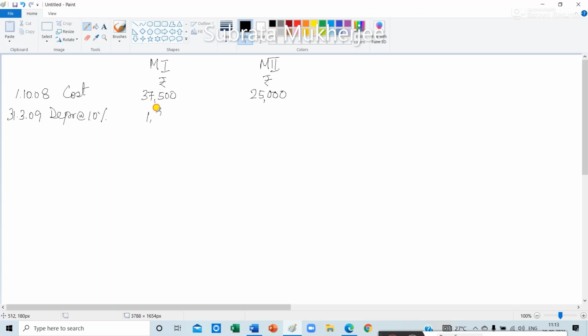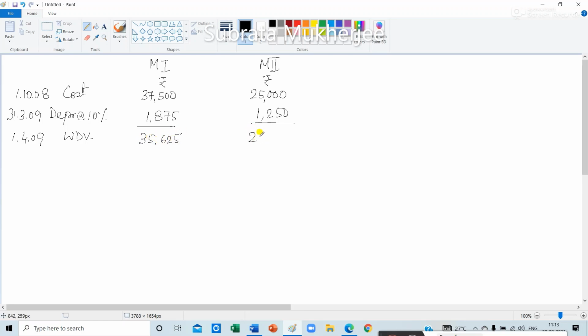This will be 1,875 and 1,250 because depreciation is charged for 6 months. So 37,500 into 10% into 6 by 12 gives 1,875, and 25,000 into 10% into 6 by 12 gives 1,250.